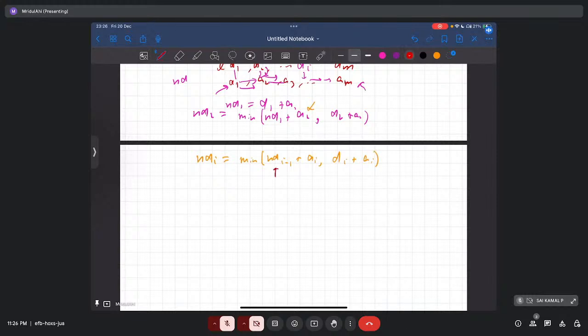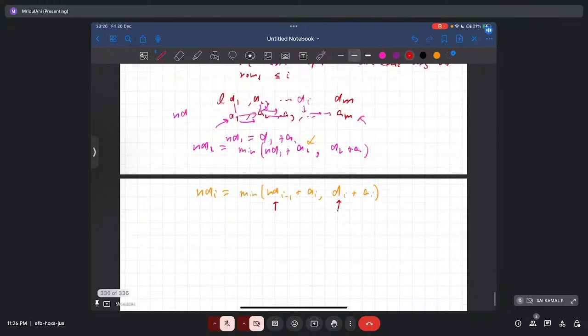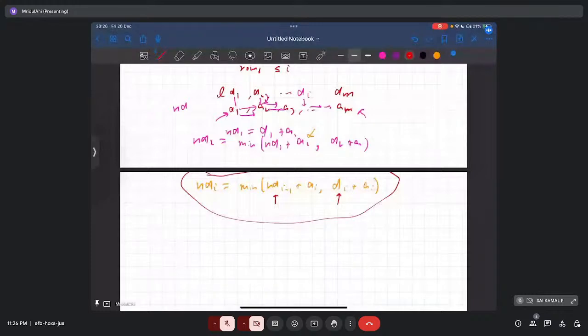In the first case, we move right from the previous cell. In the second case, we go down from the upper row. So we have our transition states to transition from DP states of one row to the next row.